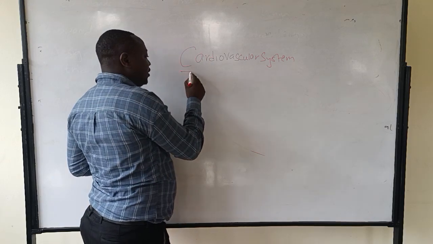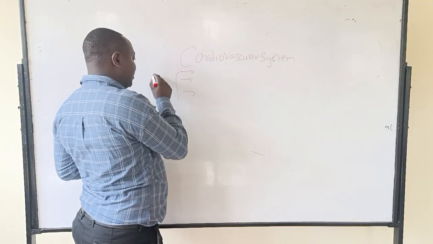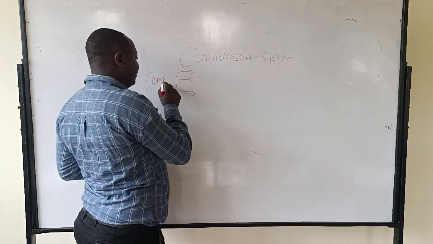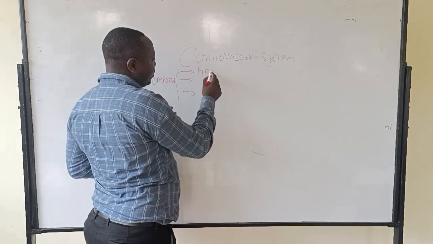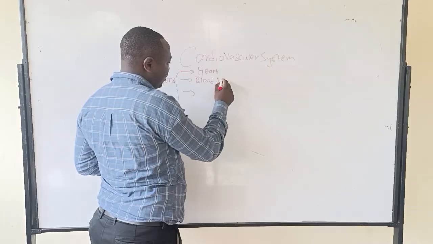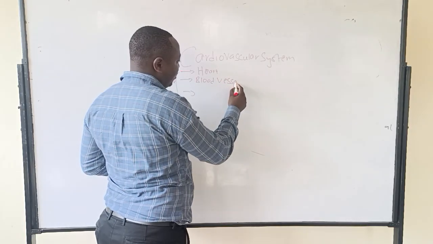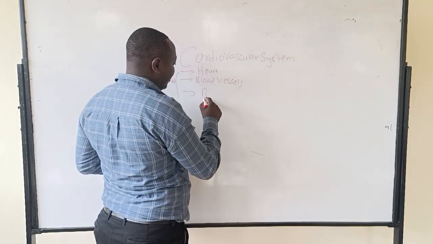It contains what we refer to as the components, which include the heart, blood vessels, and the blood itself.